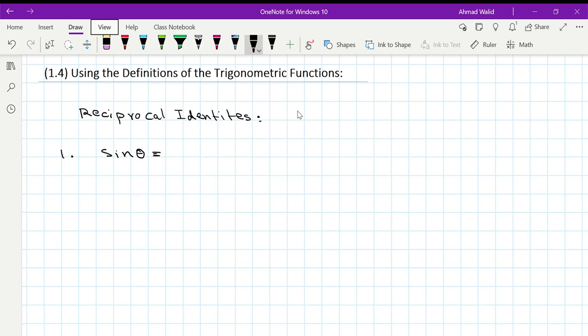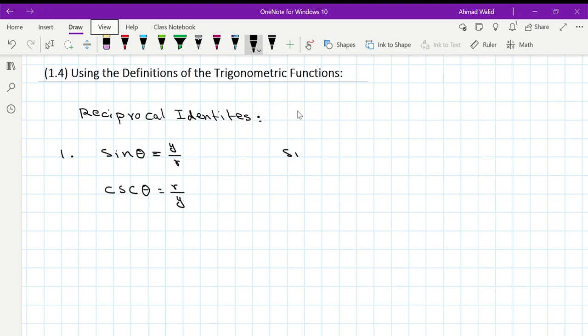Look, sine theta was y over r, correct? And I told you the reciprocal for sine theta is cosecant theta, which is r over y, correct? Remember this. Now, I will explain it this way.